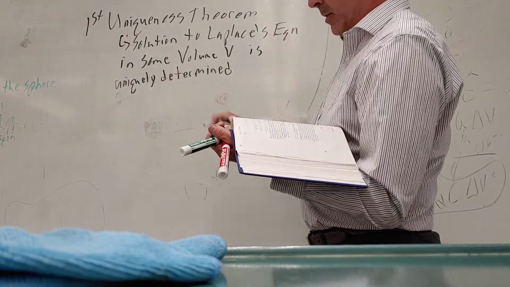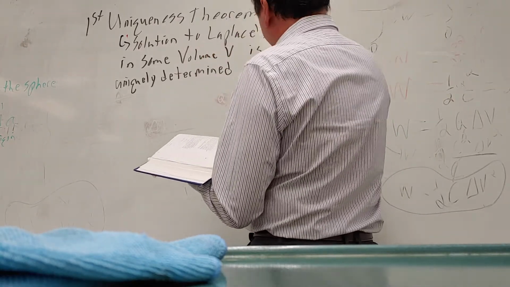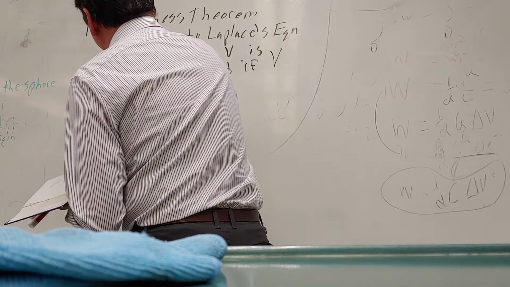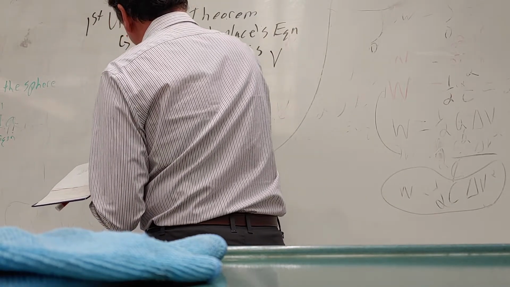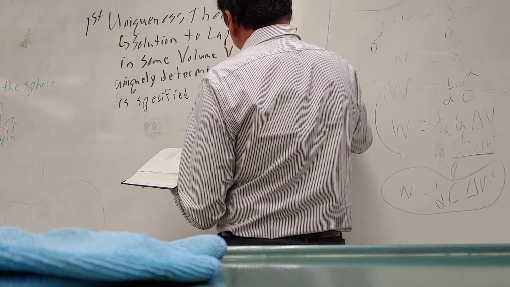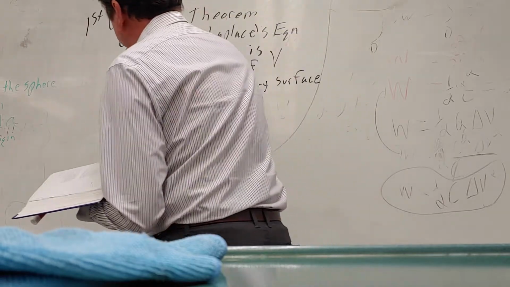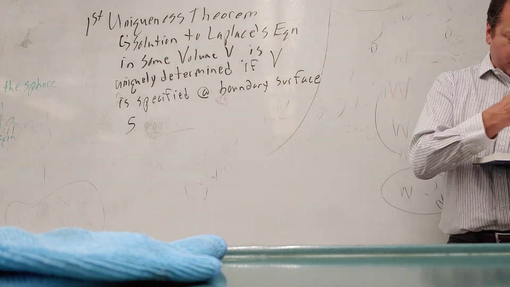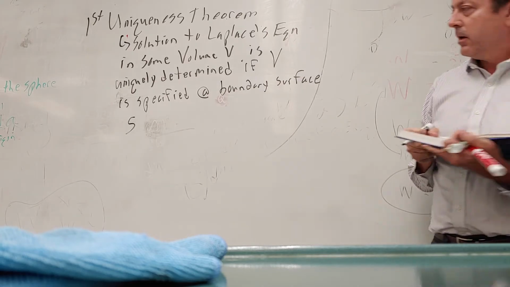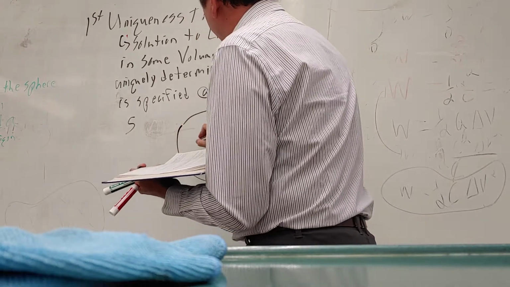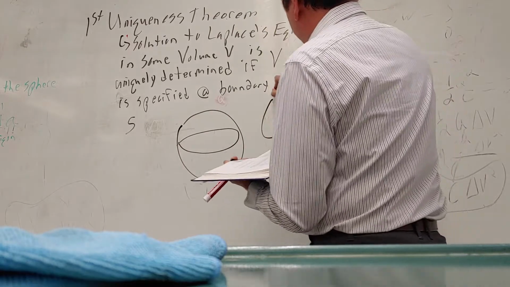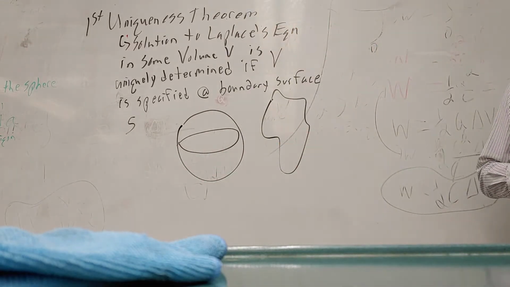It's uniquely determined if that volume is specified at some boundary surface S. So what this is basically saying, if you've got some sphere, or it could be something like this, it doesn't matter.